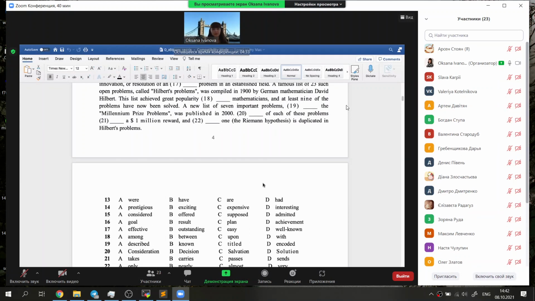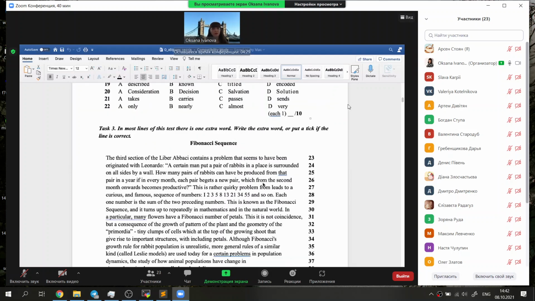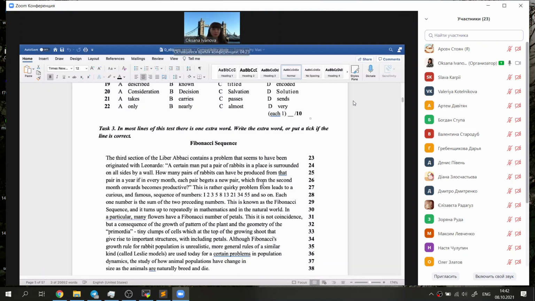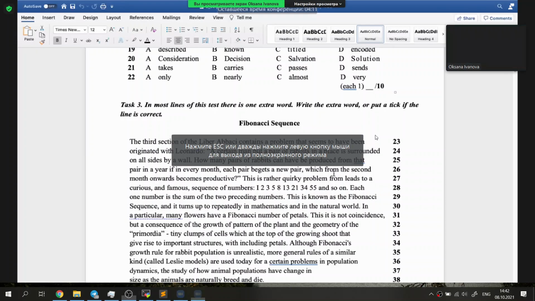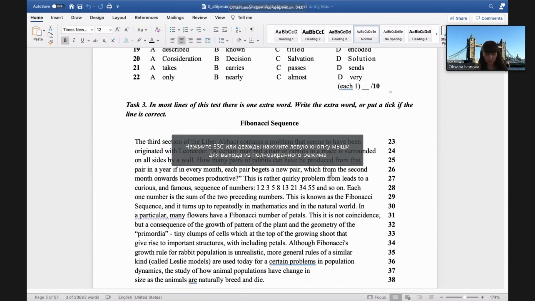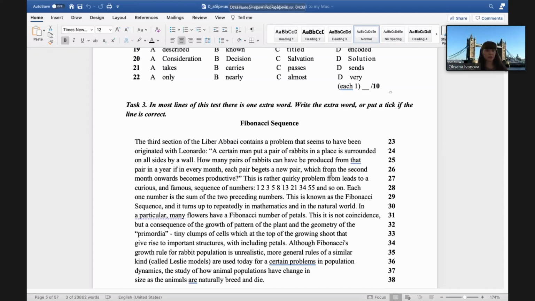That's great. Your task is maybe more difficult because you have to be very attentive. Because in most lines of this test, we have an extra word, and it could be any word. So it could be an article, a verb, an adverb, any word. So you have to read these lines and find the words which are odd out.